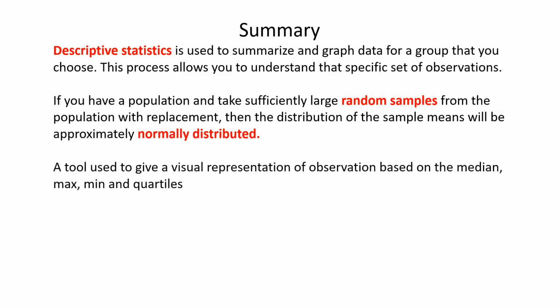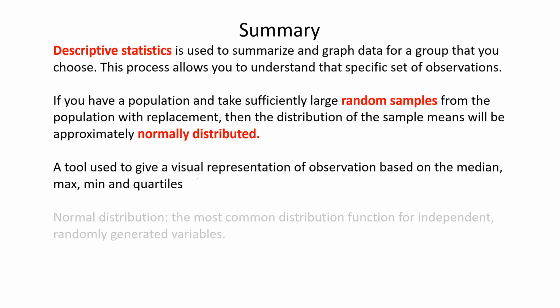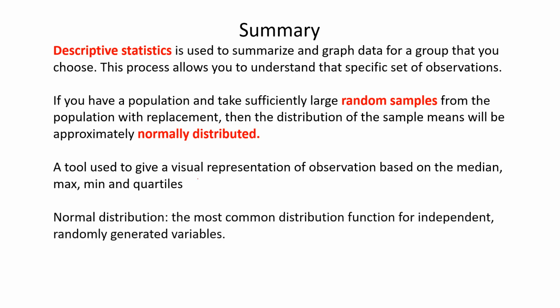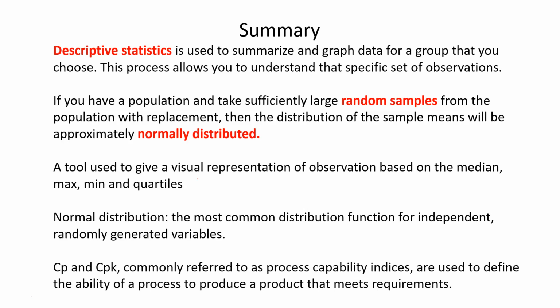A tool used to give a visual representation of observations based on median, mean, and quartiles is what's known as a box plot. The normal distribution is the most common distribution function for independent randomly generated variables, and Cp and Cpk, commonly referred to as process capability indices, are used to define the ability of a process to produce a product that meets requirements.